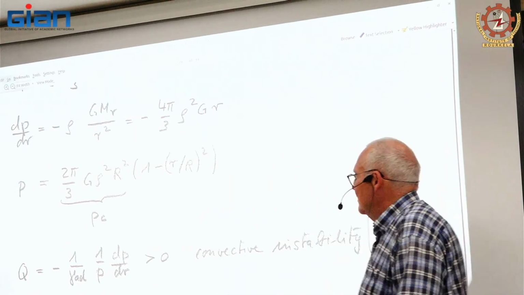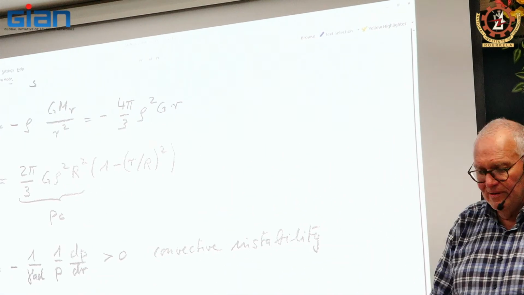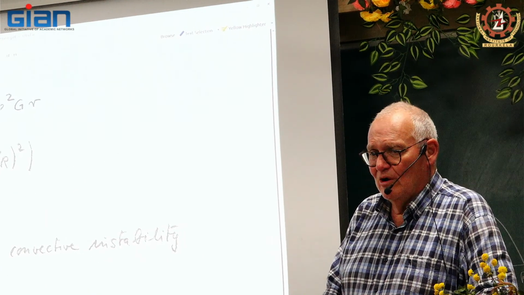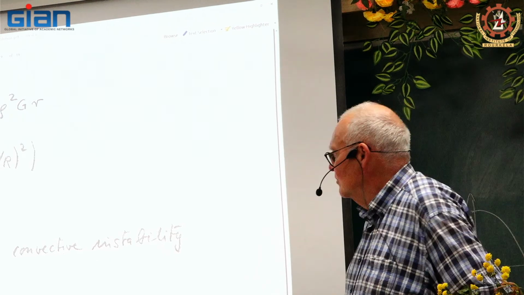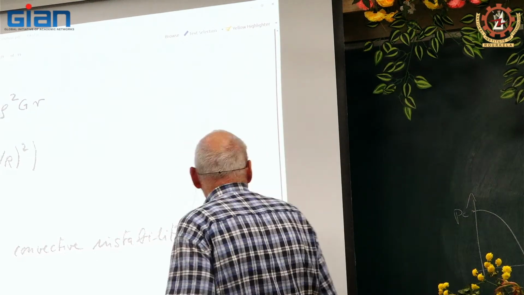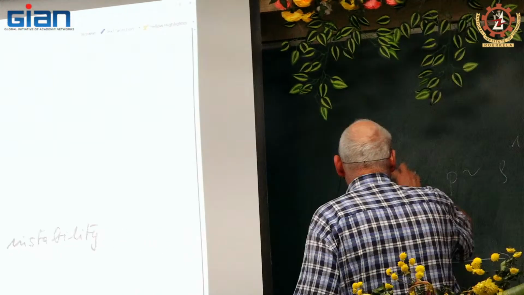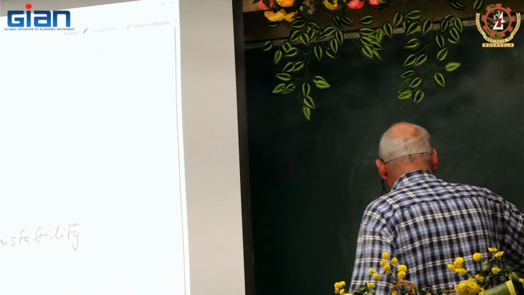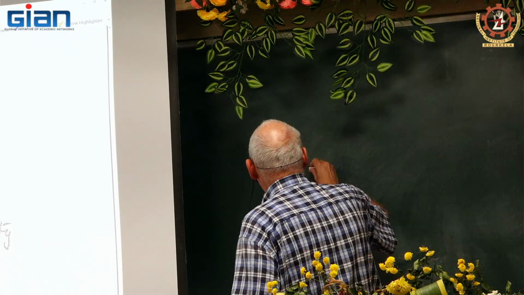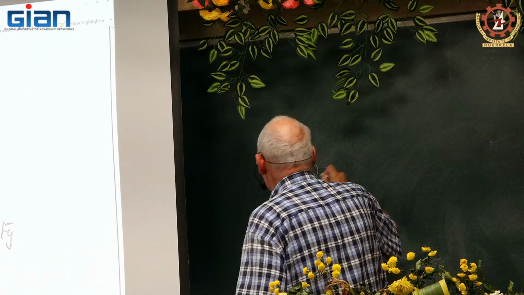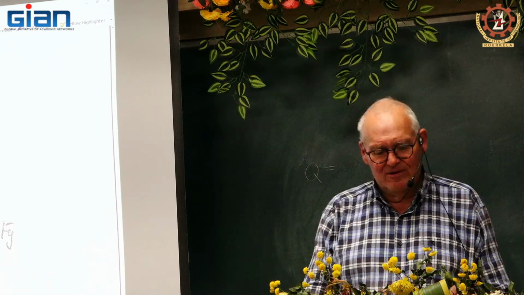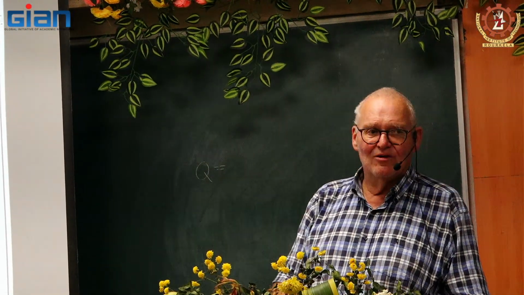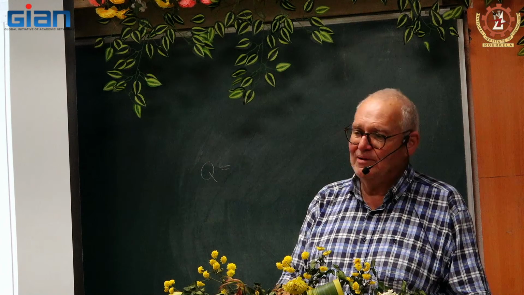Now, what about the stability with respect to convective motion? May I remind you, there was this quantity Q, which involves the criterion of stability. Q was given by, perhaps you remember, what was the criterion for the onset of convective instability or stability?